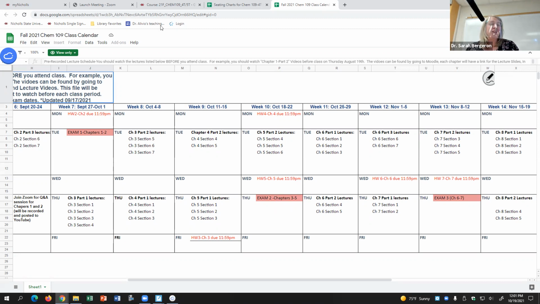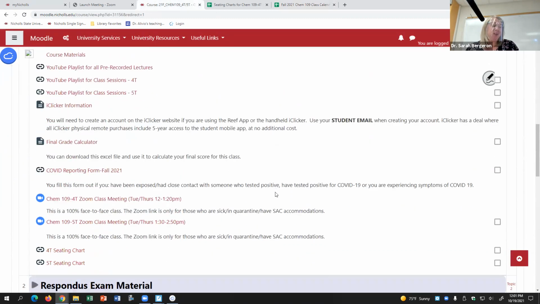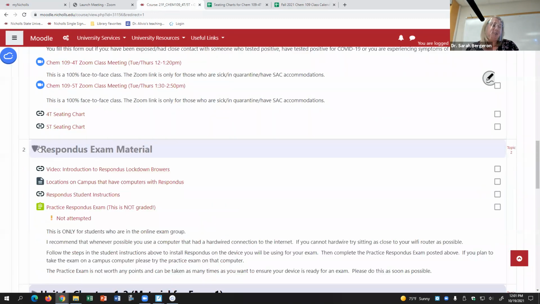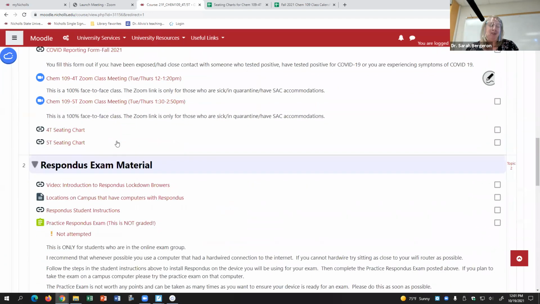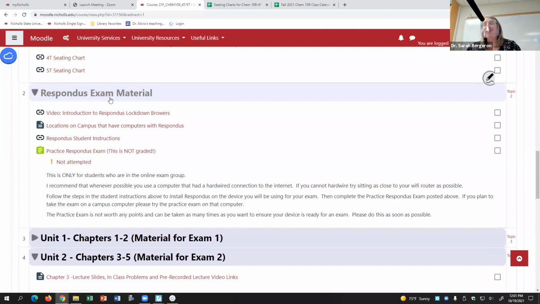If you are online, if something happens, whatever it is, I put this new little tab on our class Moodle page. It's the Respondus. If something happens for any reason and someone has to take an exam online, you'll take it on Moodle and you'll use Respondus.